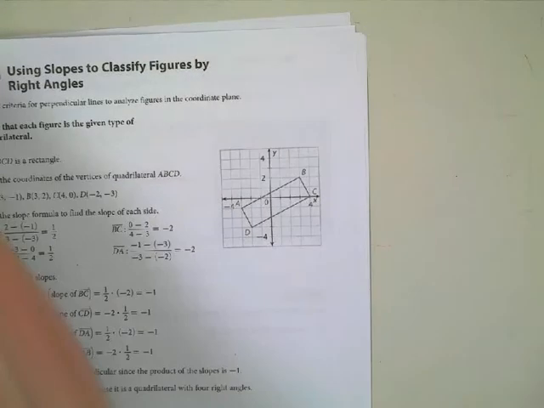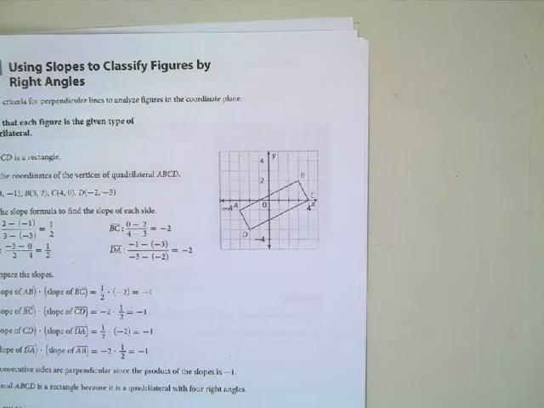Anyone have any ideas what we could do to figure out if this quadrilateral is in fact a rectangle? What makes a rectangle, for example?